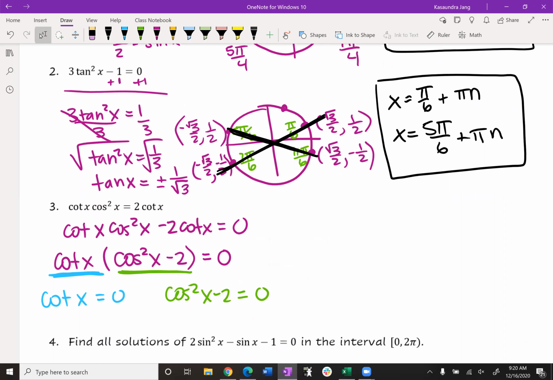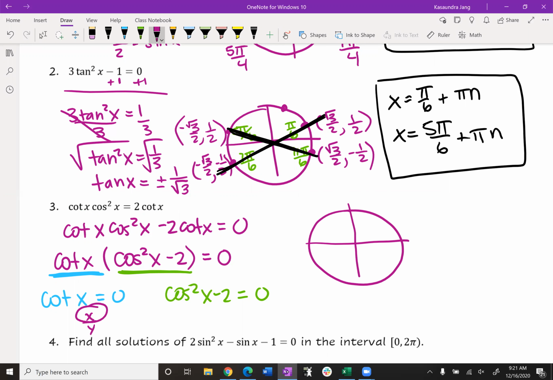So cotangent, on my unit circle, tangent, we just talked about up here, tangent was like the y over x. My cotangent is the reciprocal. Cotangent is the x over y on my unit circle. If I'm talking x over y, I want the x to be 0.